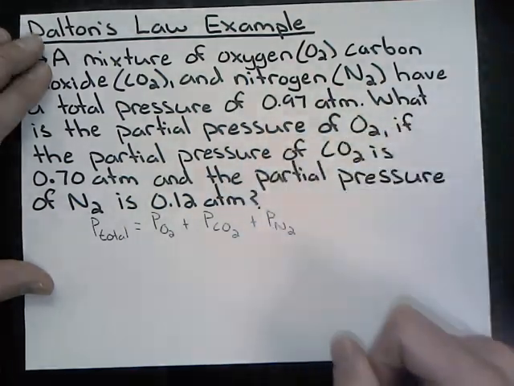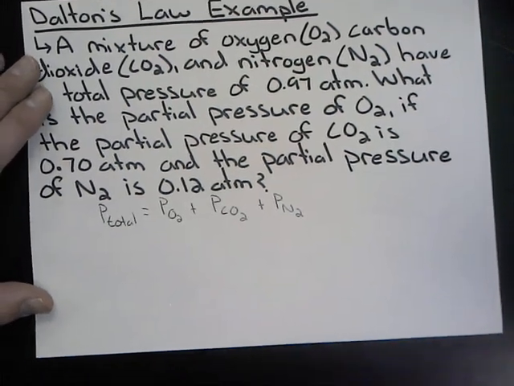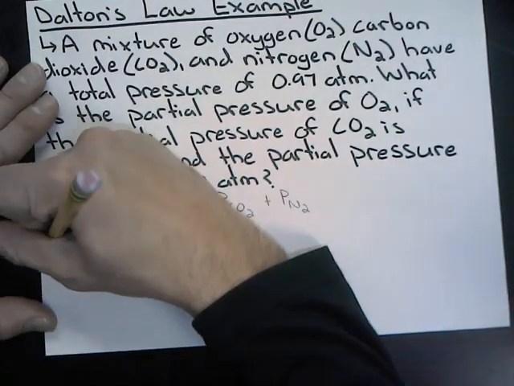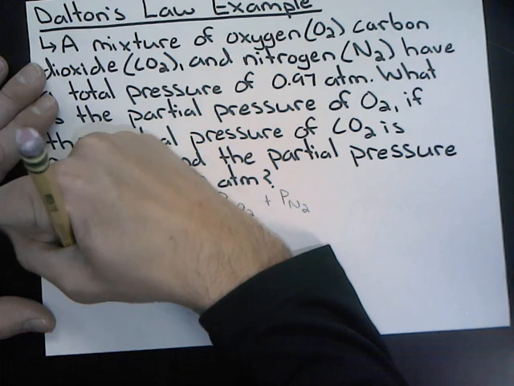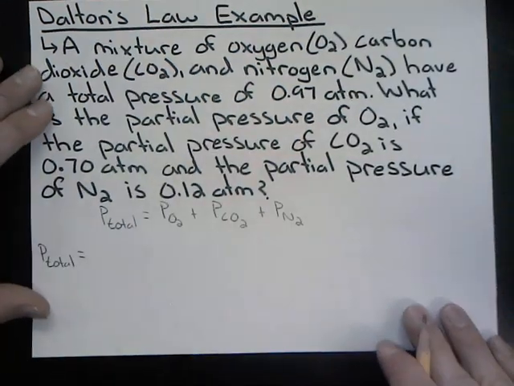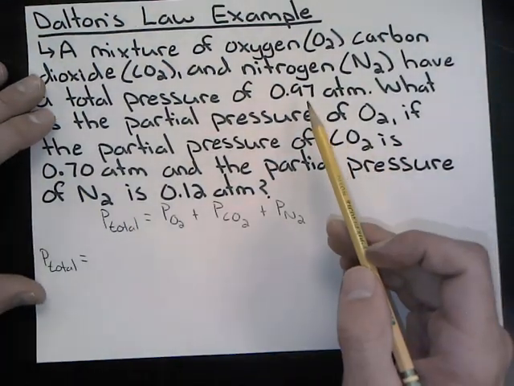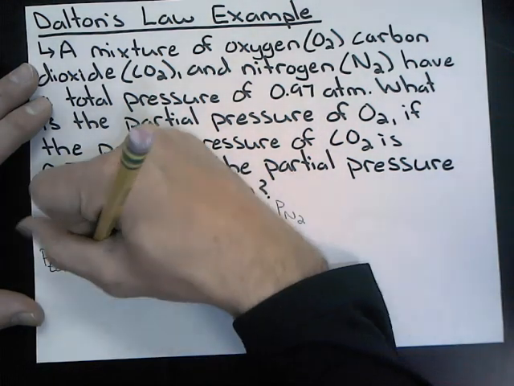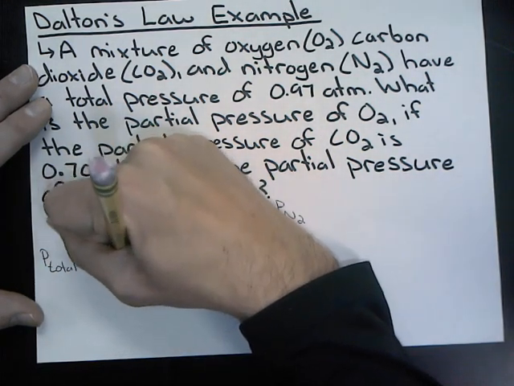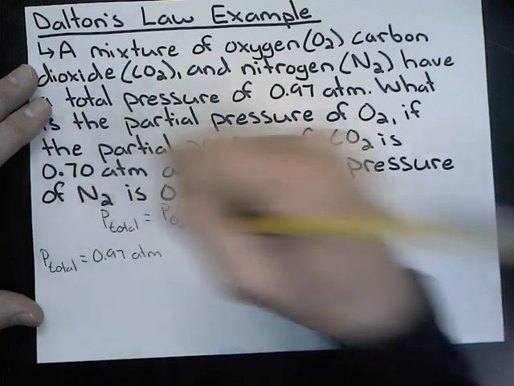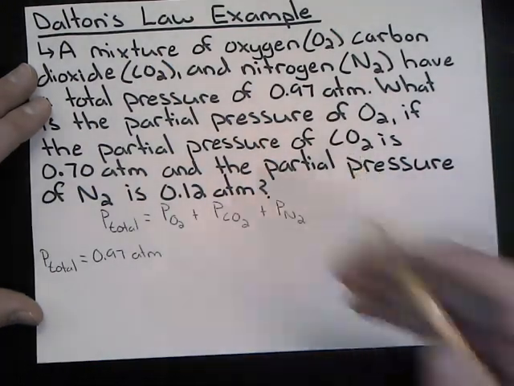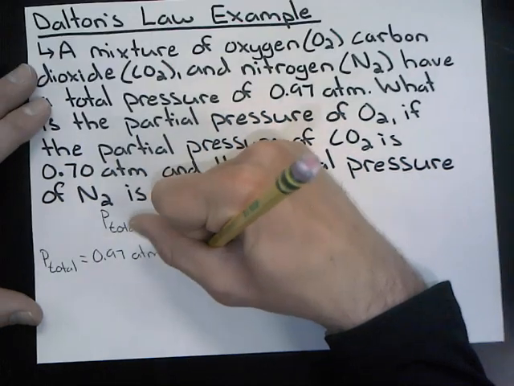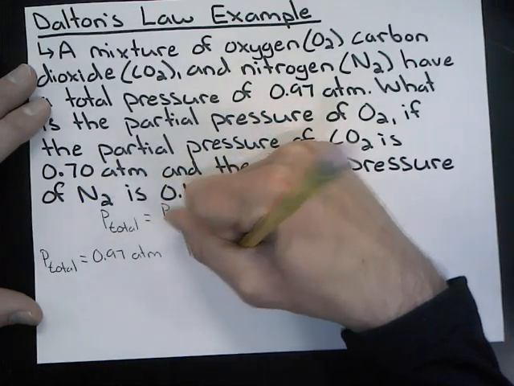And so from here, all we're going to do is plug in what we know and what we don't know. The total pressure in this particular instance is 0.97 atmospheres, the total pressure inside the container. And we need to find out what is the pressure of oxygen, so the pressure of oxygen would be our question mark.